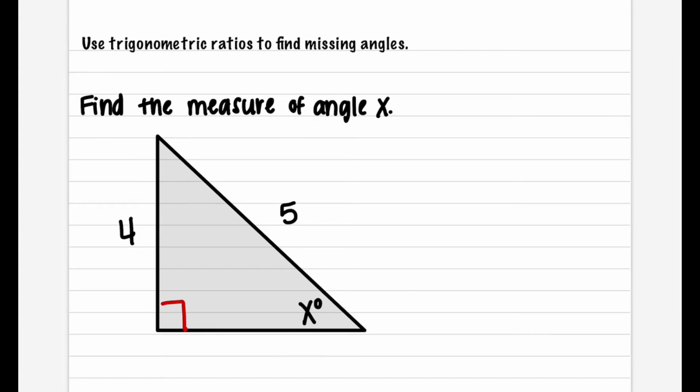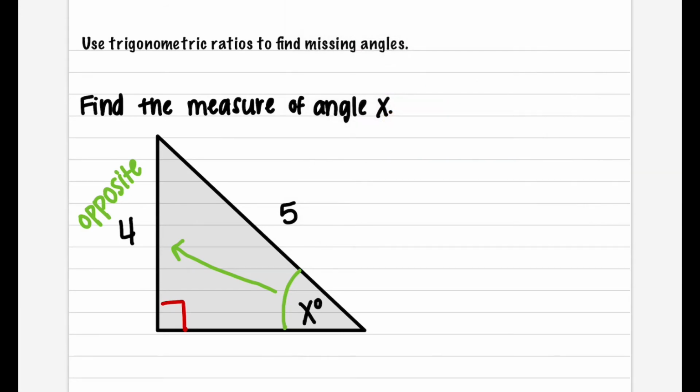Just like we did before, we want to identify what information we have. If this is my angle, I want to know what the 4 and the 5 are from this angle. Directly across, we have the 4, so that makes this the opposite side from the angle x.